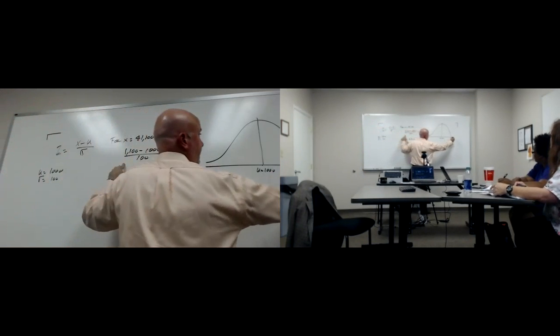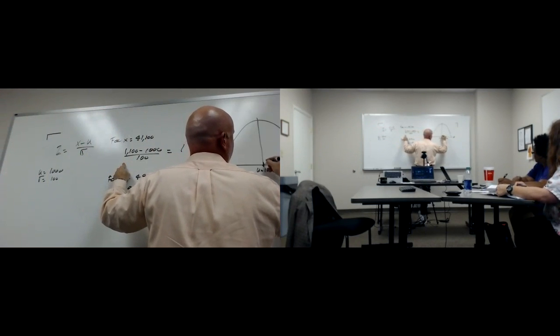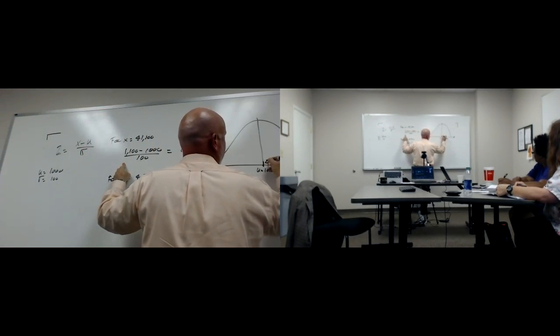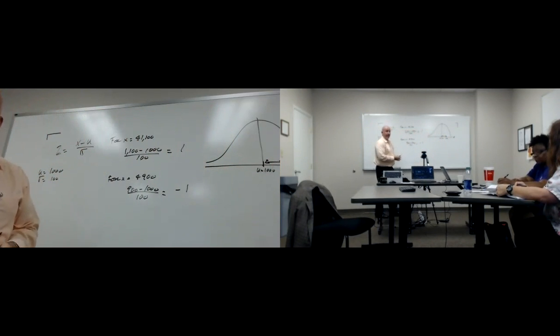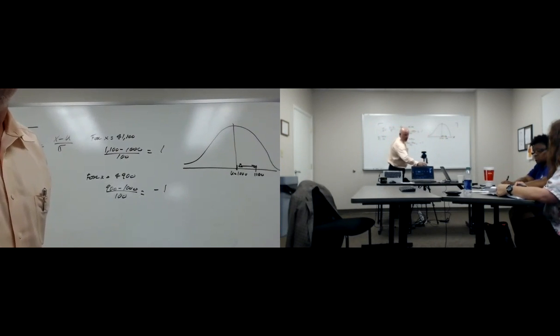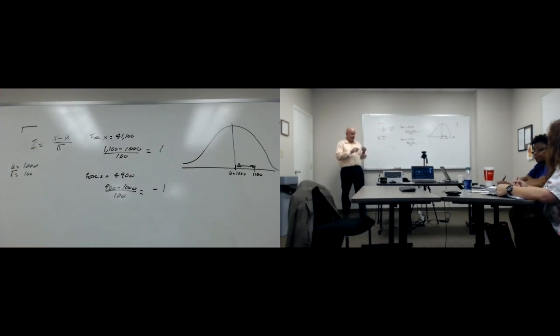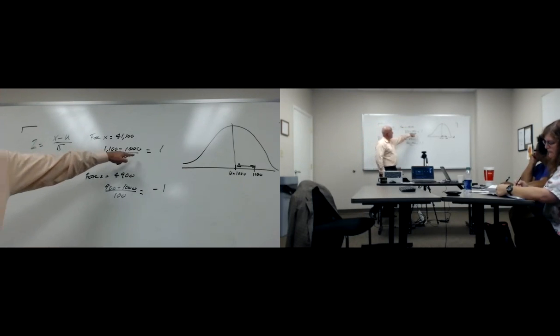So if we're going to look at this as income dollars, what's the likelihood of coming between $1,000 and $1,100? Okay, so we calculated 1.